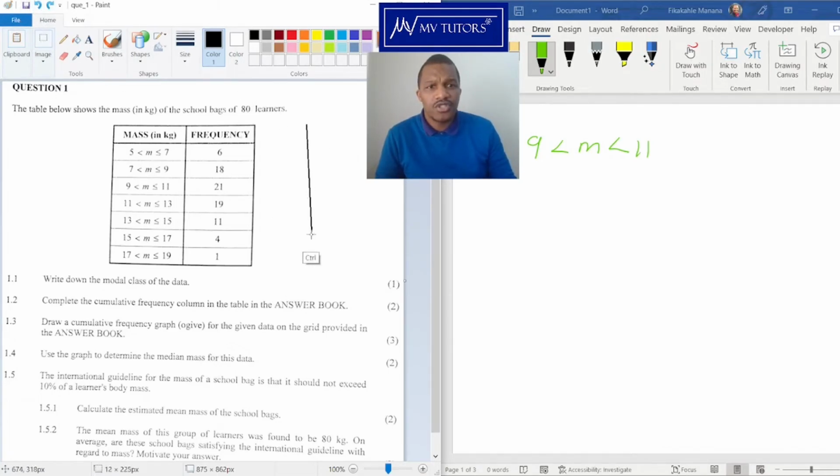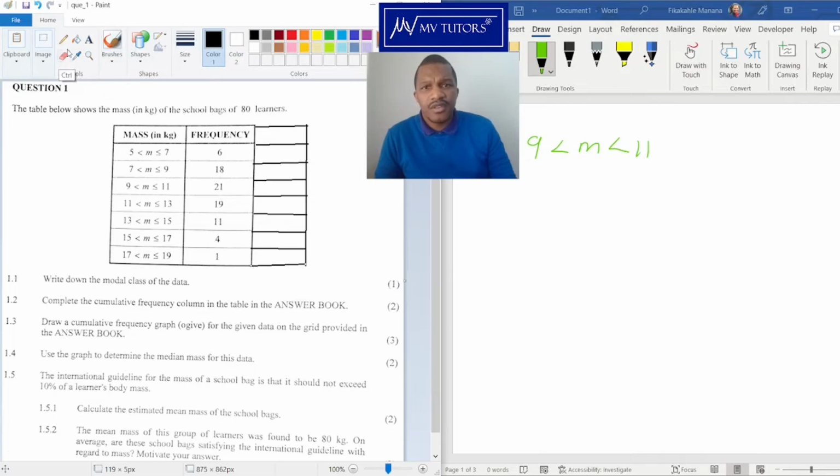I should have done this before I started this class, because now I'm wasting time doing lines over here when I should be spending it filling in this thing. So this is the cumulative.